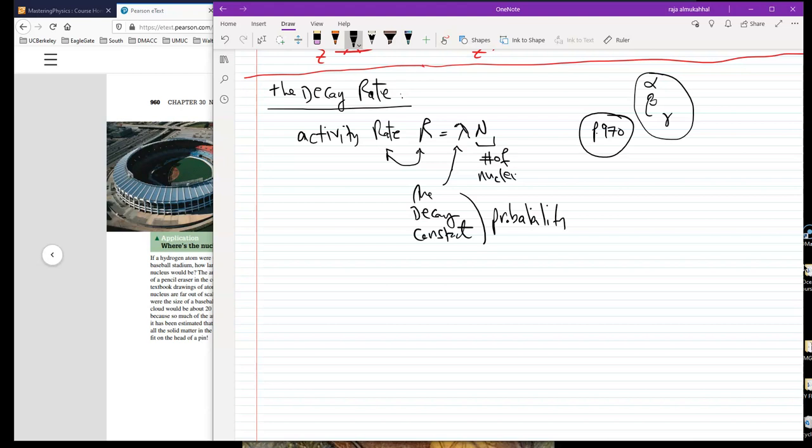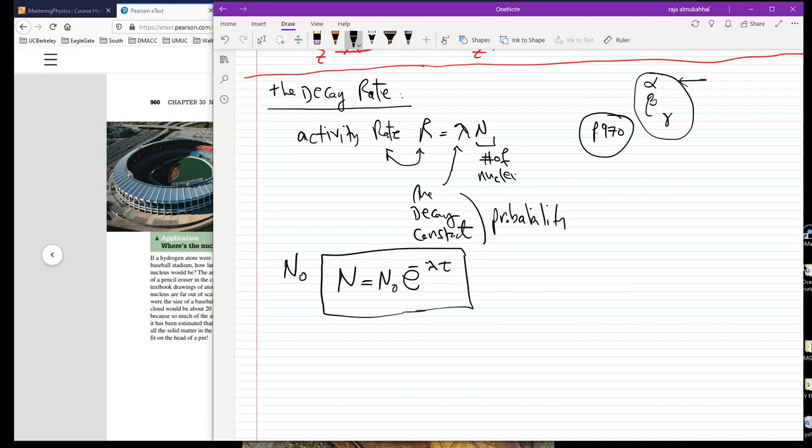Another formula that is important: if I have an n number of samples, I'm starting with some number of samples, okay? It's decaying with whatever kind of decay, whether it's alpha, beta, or whatever. After some time t, it will become n, and it's equal to n naught e to the minus lambda t. Okay, this is known as the decay rate.